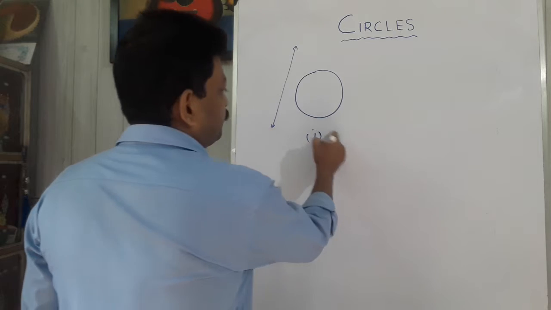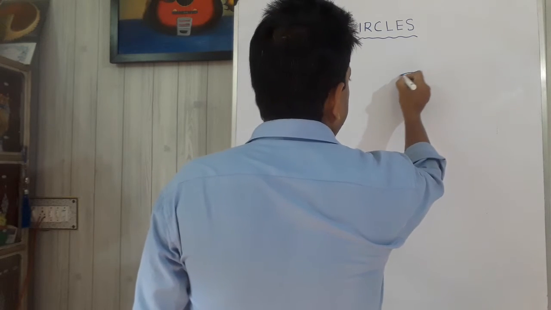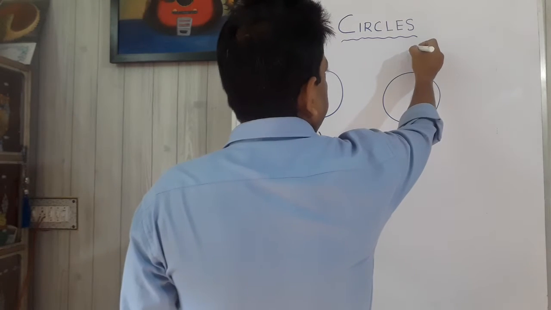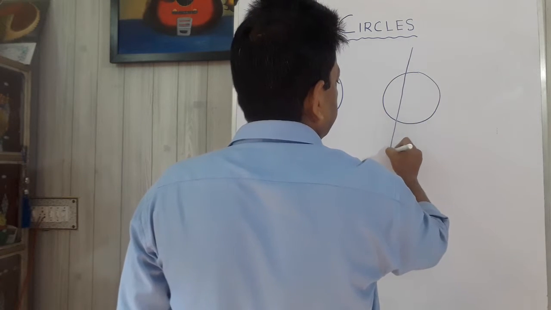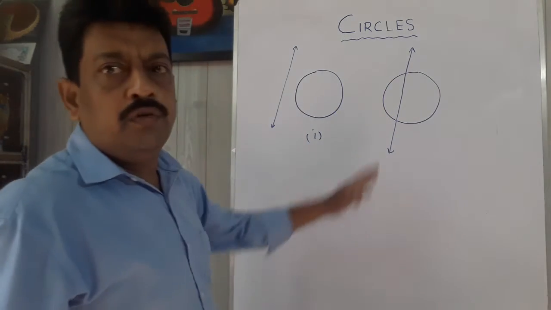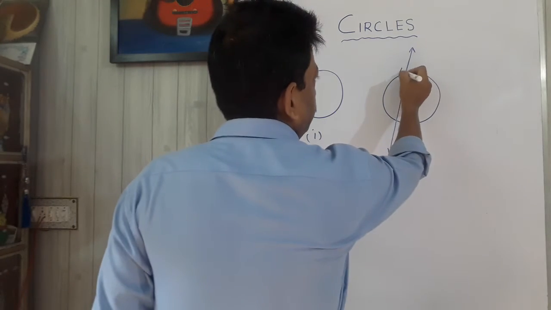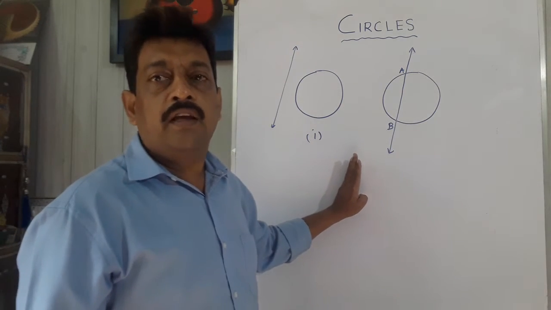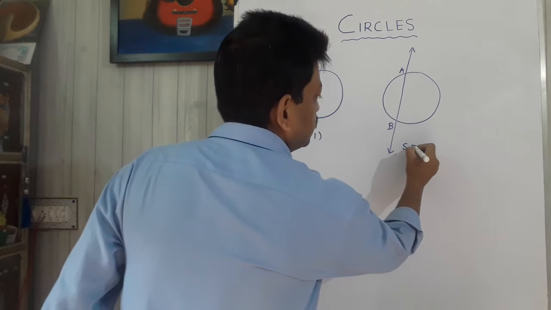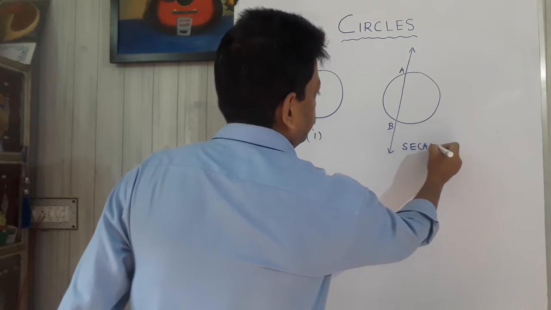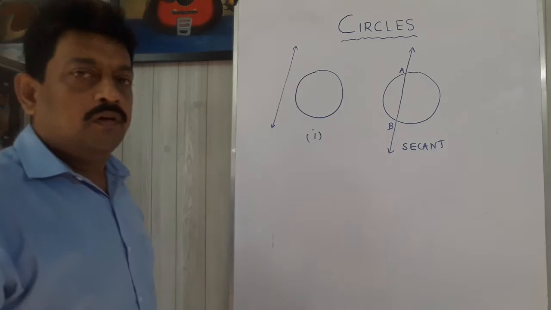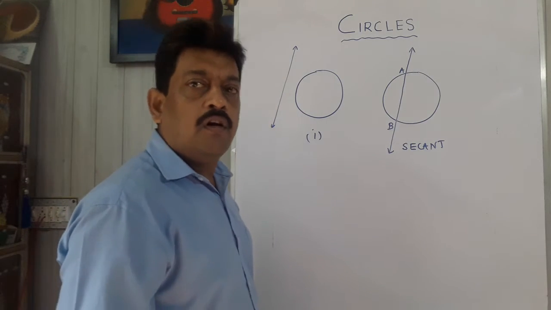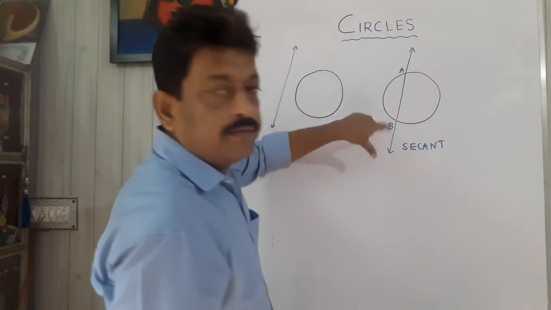In situation 2, a line is intersecting the circle at two different points, suppose A and B. Here this line is known as a secant, S-E-C-A-N-T, secant, where A and B are the points of intersection of the circle and the line.